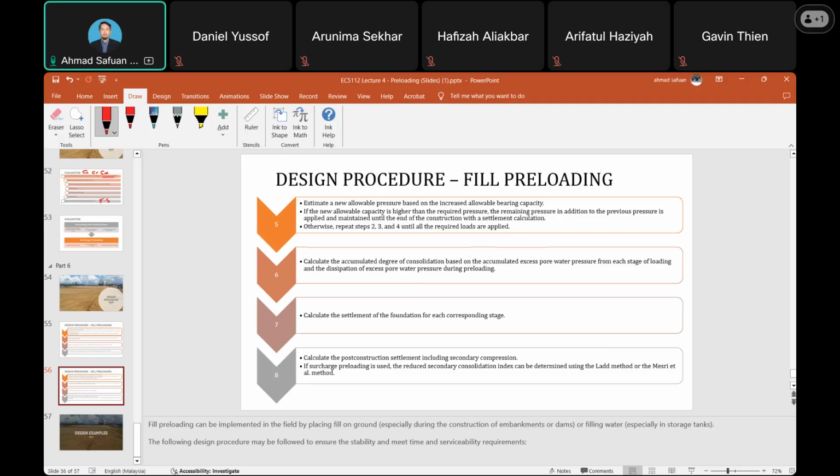So if surcharge period is used, the reduced secondary consolidation index can be determined using the Ladd method or the Mesri et al. method. For the secondary compressions, the use of C alpha is to estimate the secondary compressions.